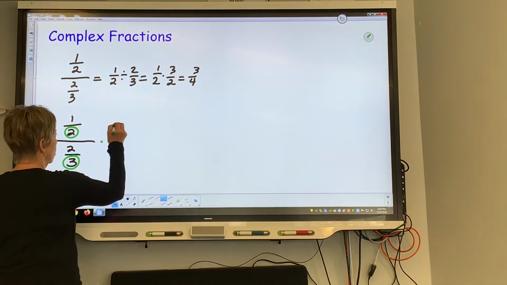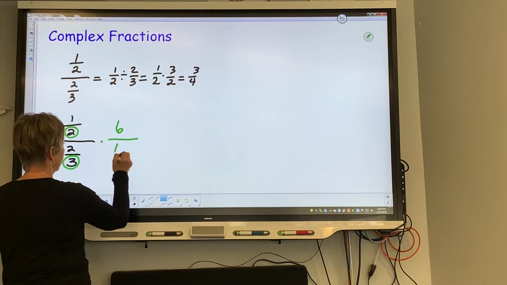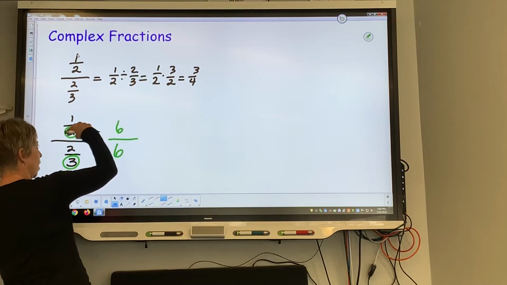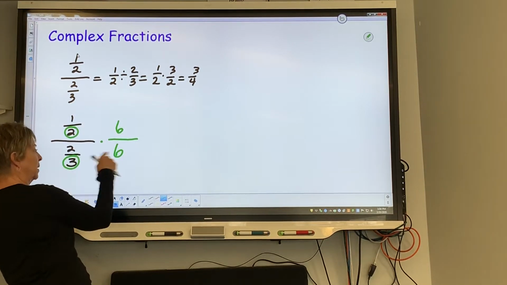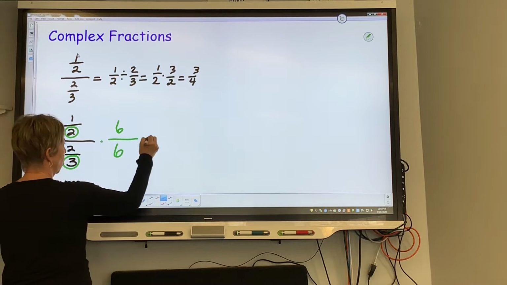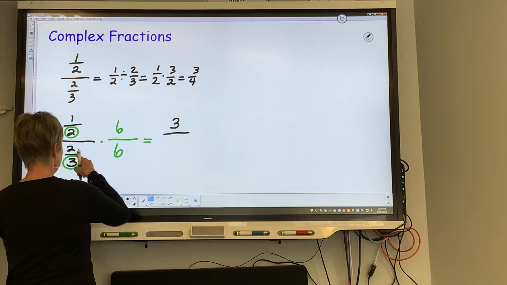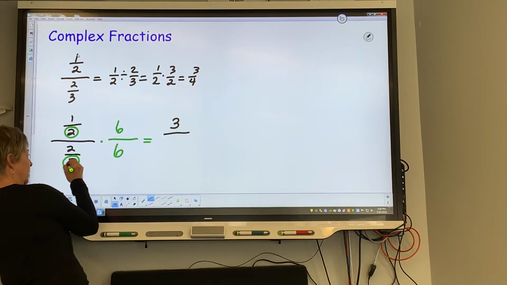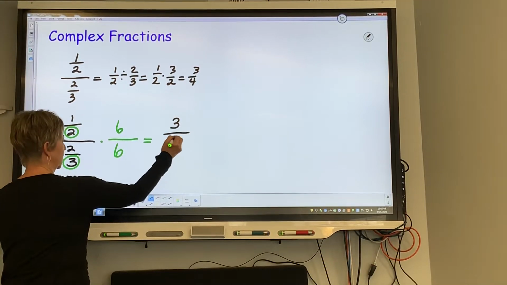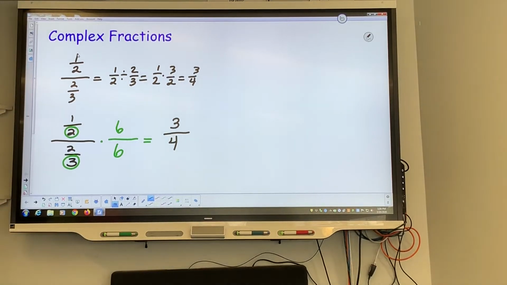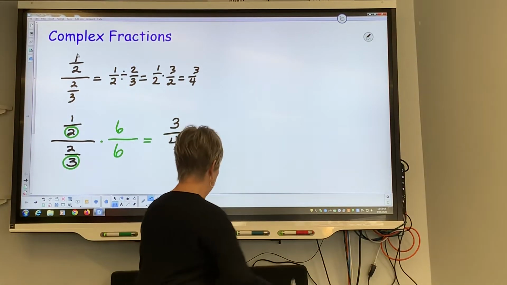So I'm going to multiply the numerator of this complex fraction by 6 and the denominator. So 1/2 times 6 is 3, and 2/3 times 6, 3 goes into 6 twice, 2 times 2 is 4, and there's my fraction. Now I think you're going to find that that is really an easier way to do this.